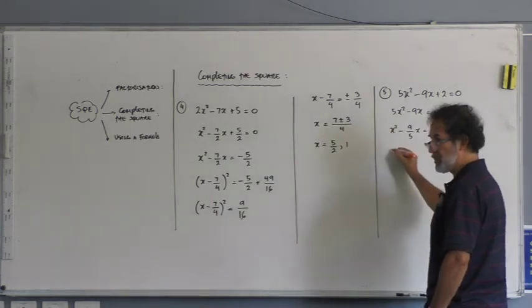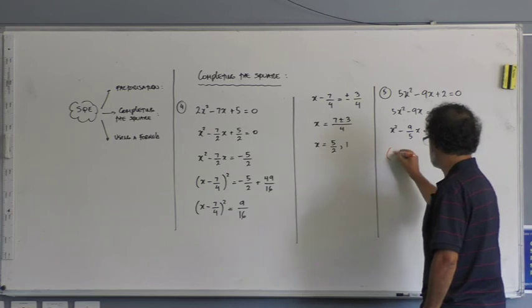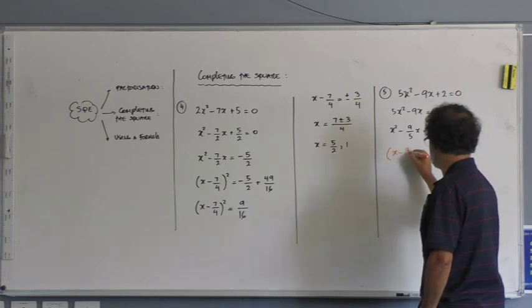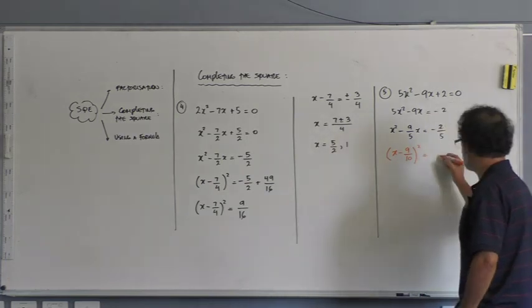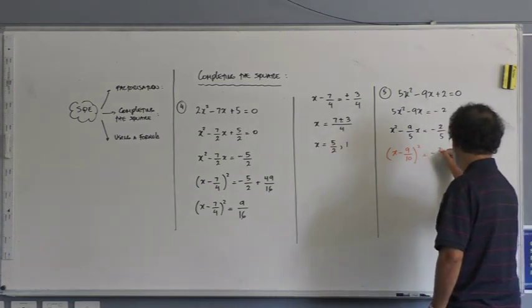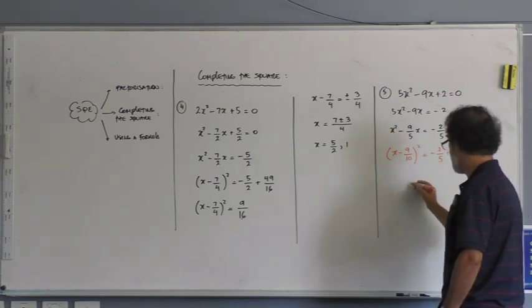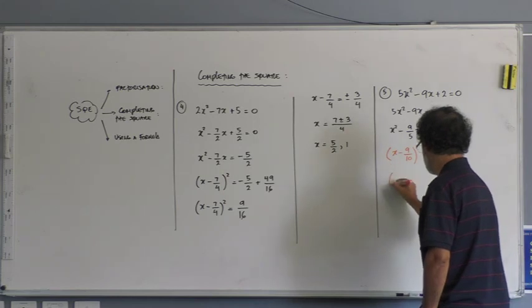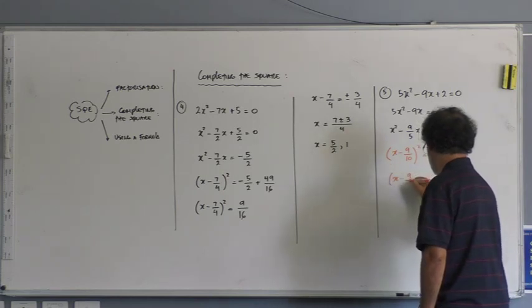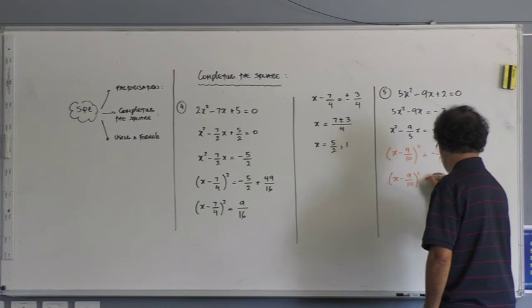So you end up with bracket x minus 9 over 10, close bracket squared, equals negative 2 over 5 plus 81 over 100. Then you can simplify that, so you have x minus 9 over 10 squared still, but you can simplify that to 41 over 100.